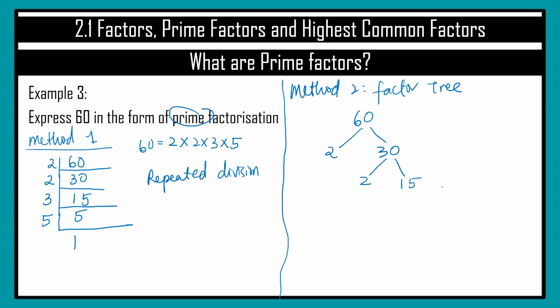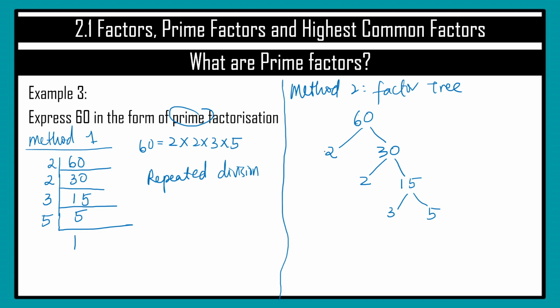Okay, so far okay. I cannot divide 2 anymore, so the next number that I can divide is 15. I cannot use 2 to divide 15. What I'm going to do now is the next number up, which is 3. So when I divide with 3, I get 5.